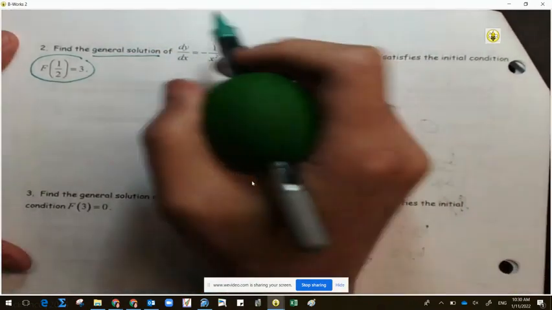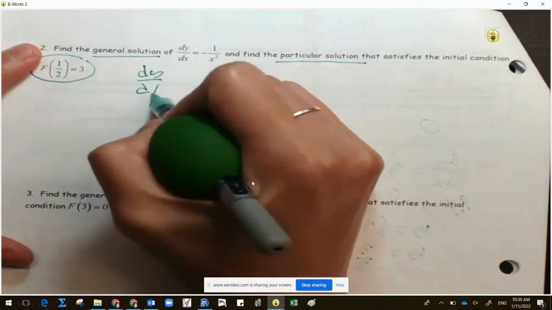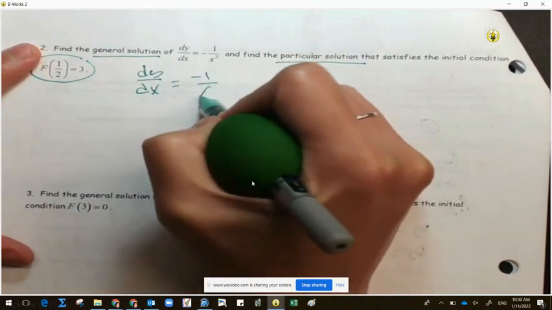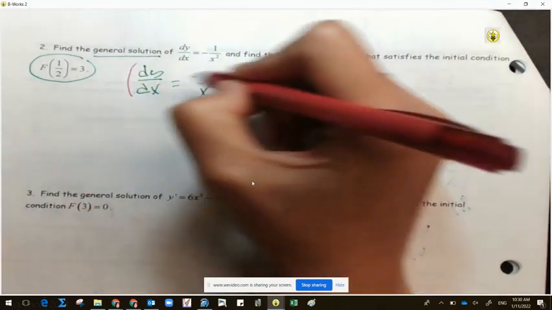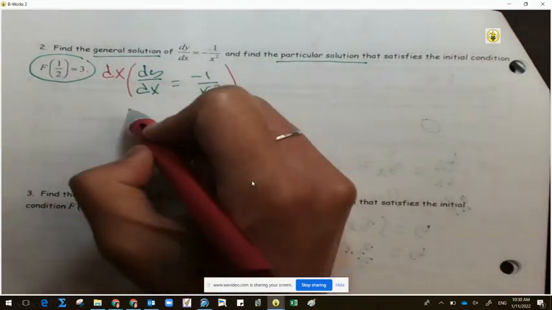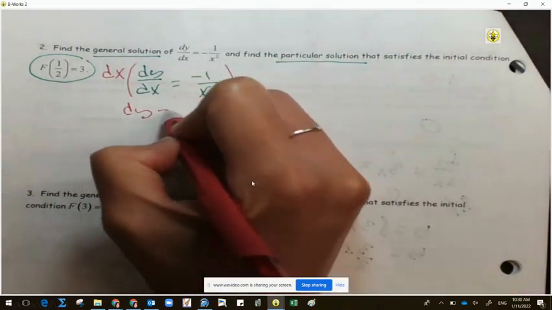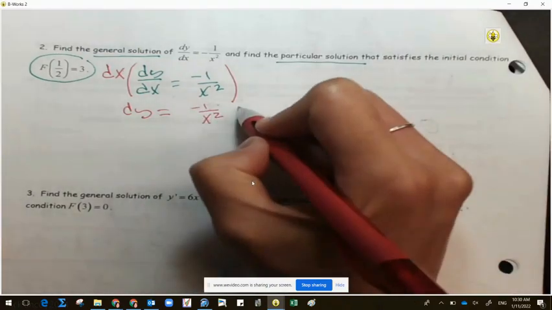So our first part, I'm going to rewrite the proportion, dy over dx is equal to -1 over x squared. What is our first thing that we must do on both sides? Multiply by what? dx. So we have dy is equal to -1 over x squared dx.